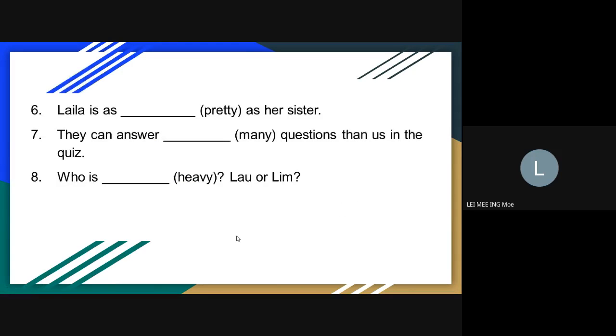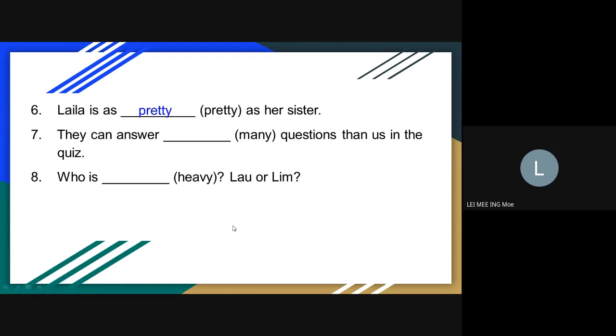We move on to question number 6. Laila is as pretty as her sister. So the given word here is pretty. So what is your answer for this question number 6? Can you please type down your answer now in 5 seconds? All right, the answer is pretty.